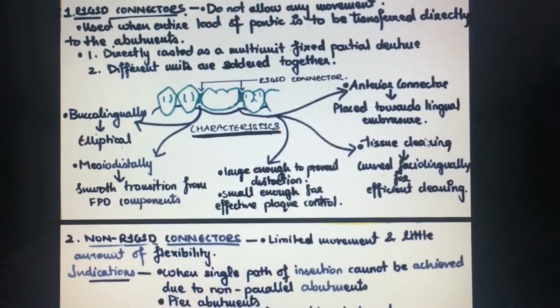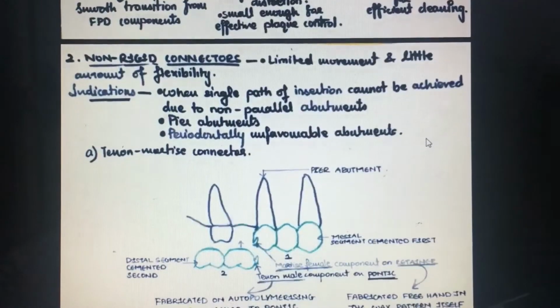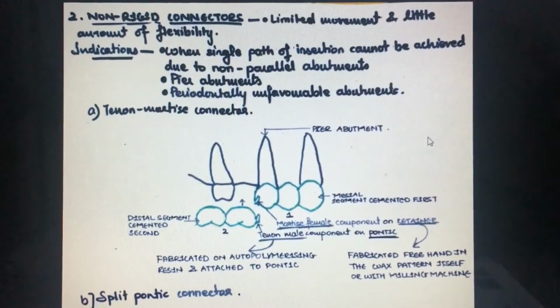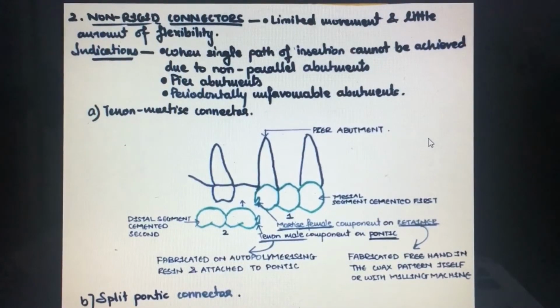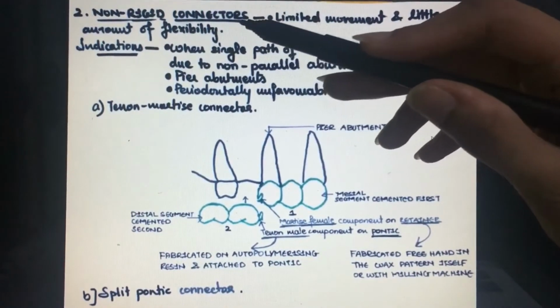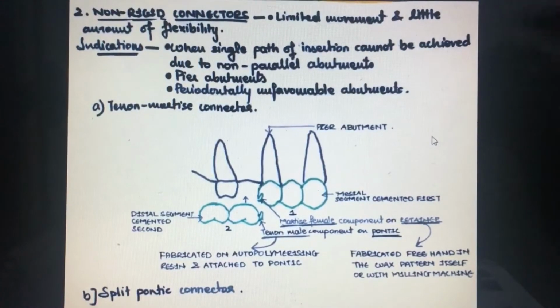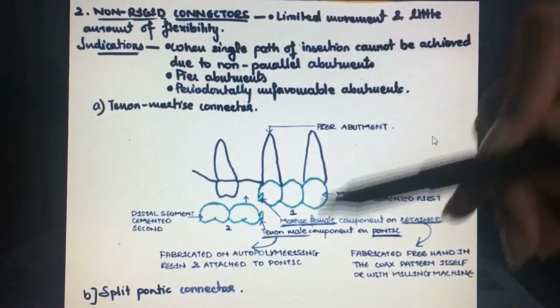After rigid connectors, we come to non-rigid connectors. In non-rigid connectors, we have three types as I told you earlier: tenon mortise connector, split pontic connector and cross pin and wing connectors. We use non-rigid type of connectors when a single path of insertion cannot be achieved in the fixed partial denture due to non-parallel abutments.